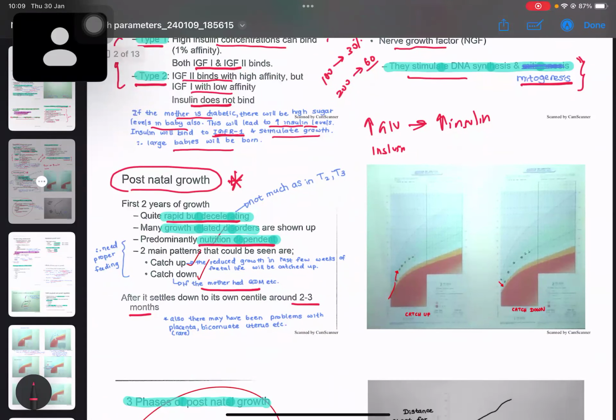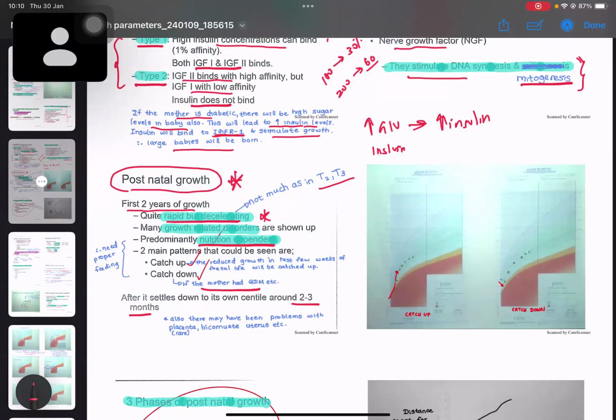Okay. For the first 2 years of growth after birth, it's quite rapid, but decelerating. It won't be as rapid as in the second and third trimester, but still it's a rapid phase, a decelerating phase. The fastest growth happens in utero during the second and third trimester. So these are MCQ points.